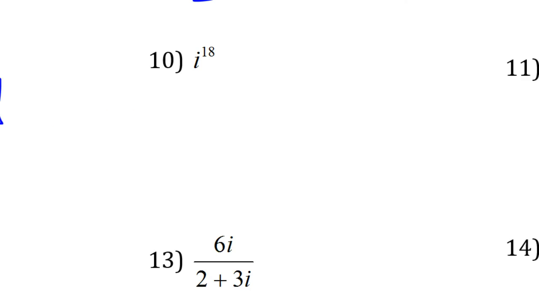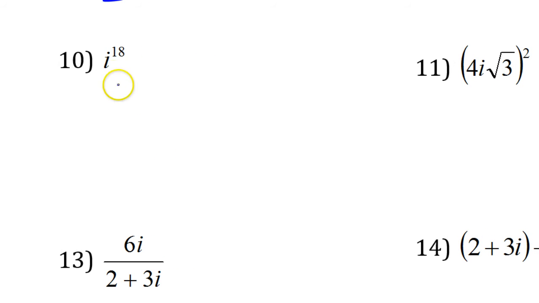Now number 10 is slightly more complicated than that. Let me refer you to the chart to help us out. Now, the four basic forms of i. You've got i, you could have i squared, you can have i to the third power, and you have i to the fourth power.